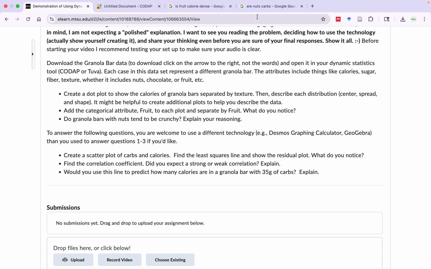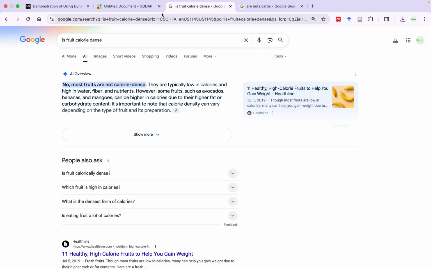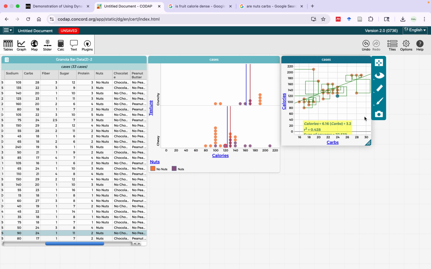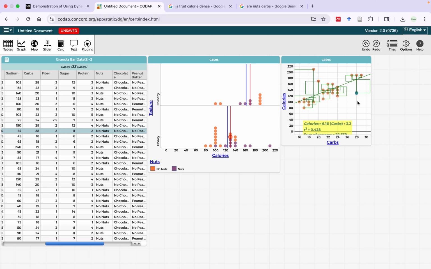25 grams of carbs. Would I do that? Nope. Do not move the points. Did not mean to do that.